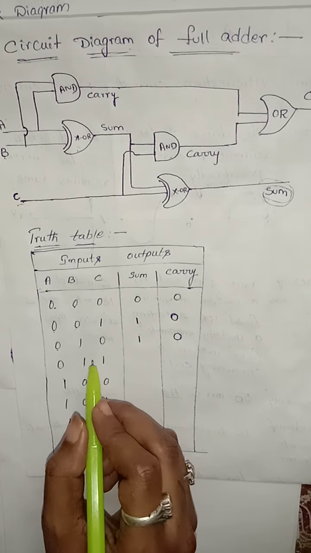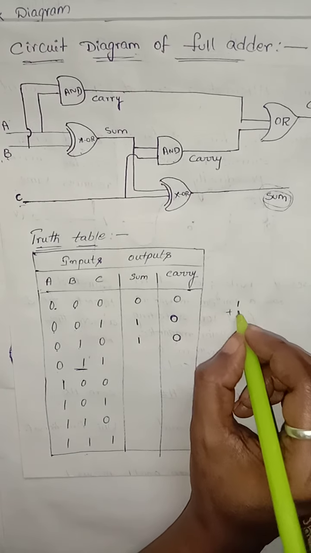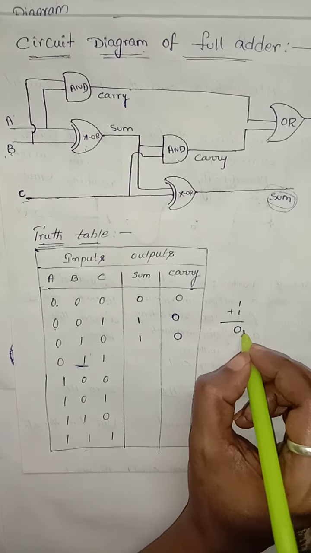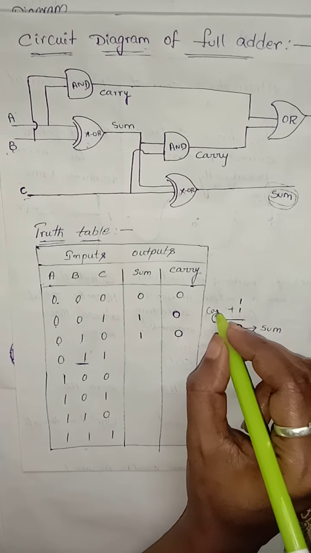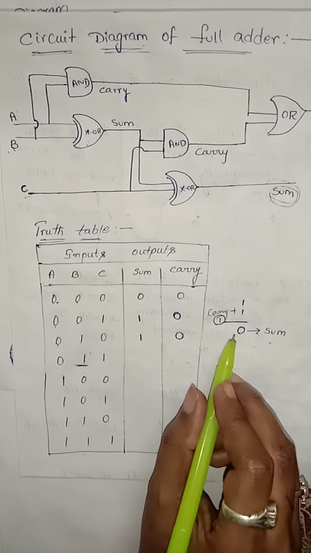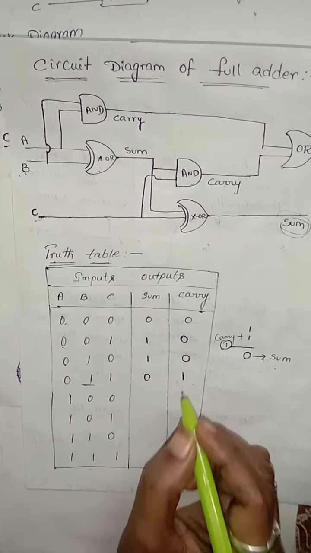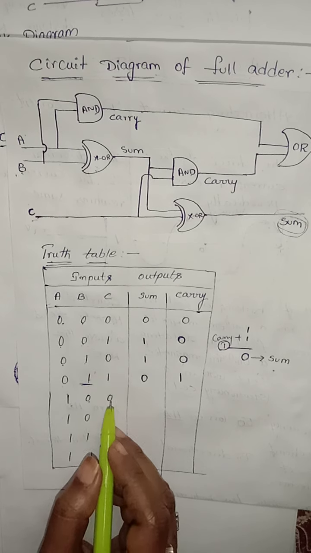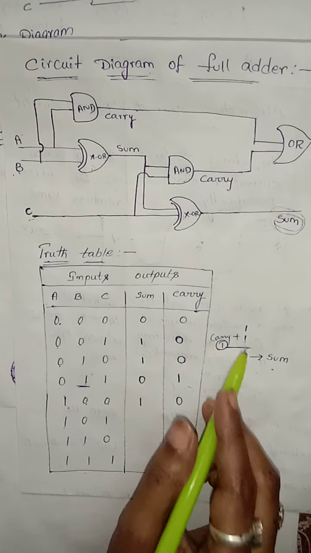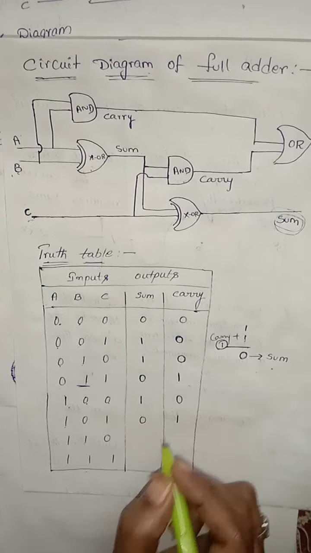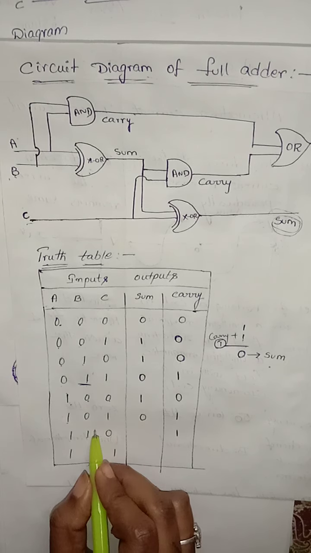Next, 0 plus 1 plus 1, sum is 0, carry is 1. Next, 1 plus 0 plus 0, sum 1, carry 0. 1 plus 0 plus 1, sum is 0, carry is 1.